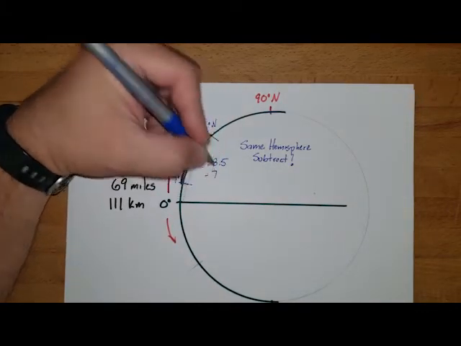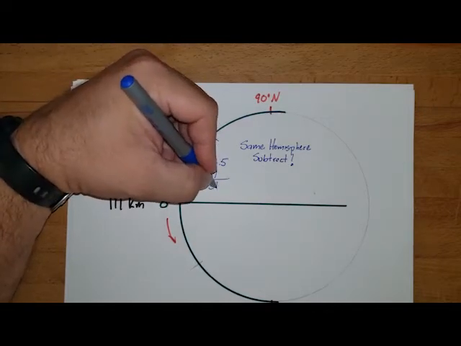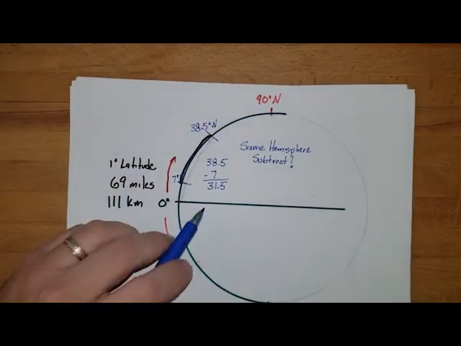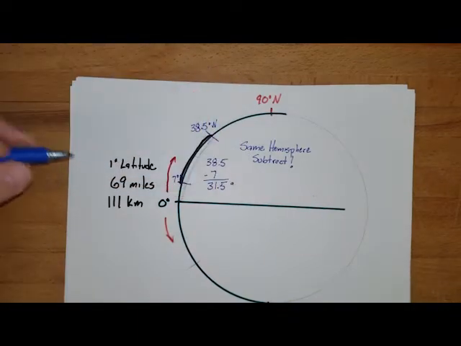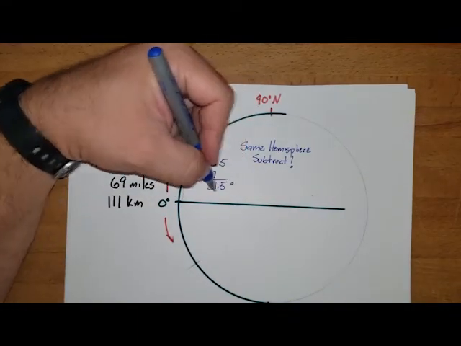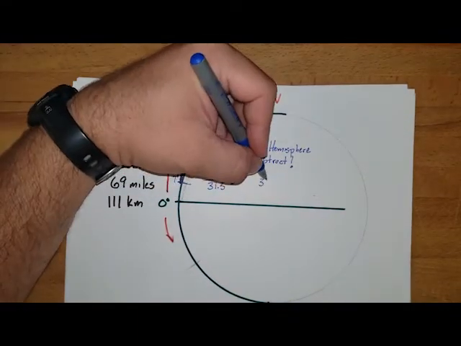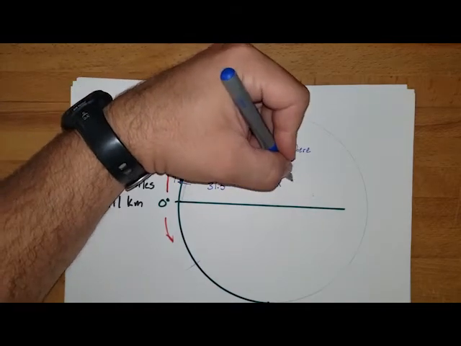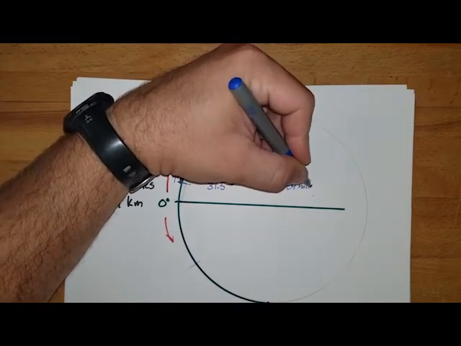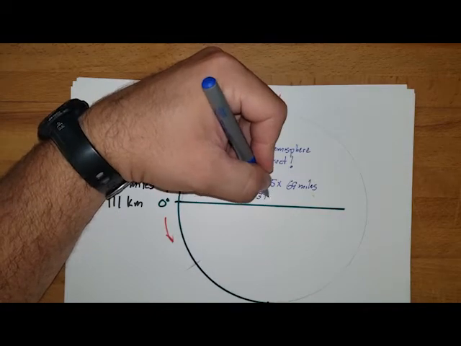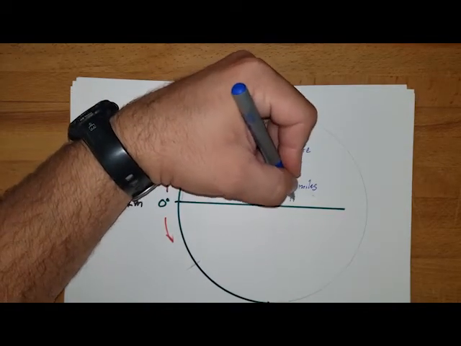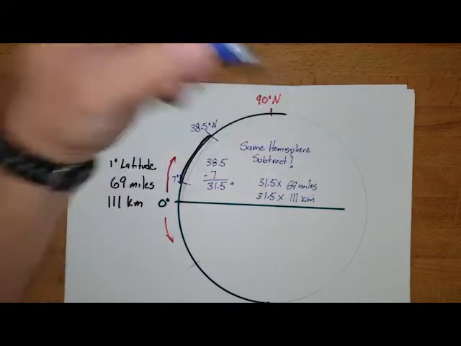I subtract 7. That will give me 31.5. And then that's going to tell me how many degrees difference it is. I simply take that 31.5 times 69 miles, and I take 31.5 times 111 kilometers.